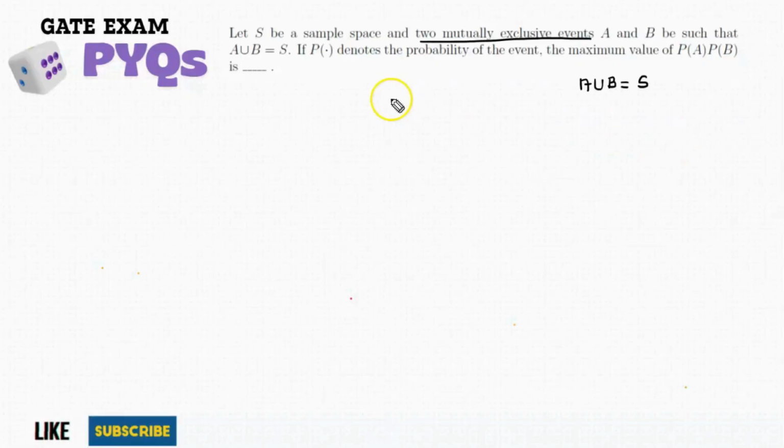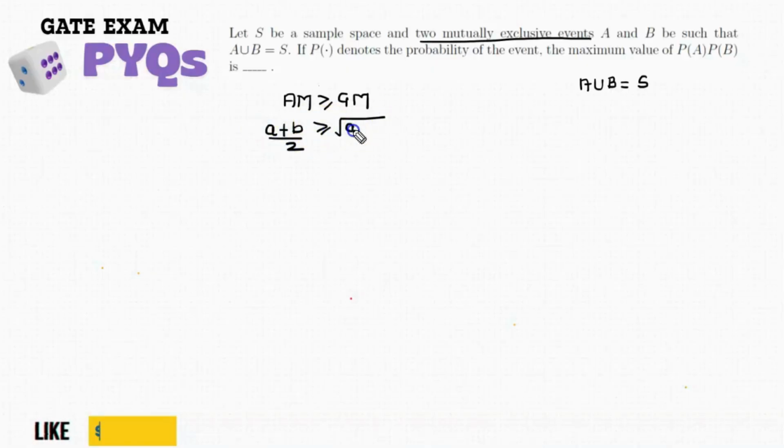In this case, we can apply the AM-GM inequality for it. We know this inequality, right? AM is greater than or equal to GM. For two numbers, A plus B over 2 is the AM, and GM is just the square root of the product.